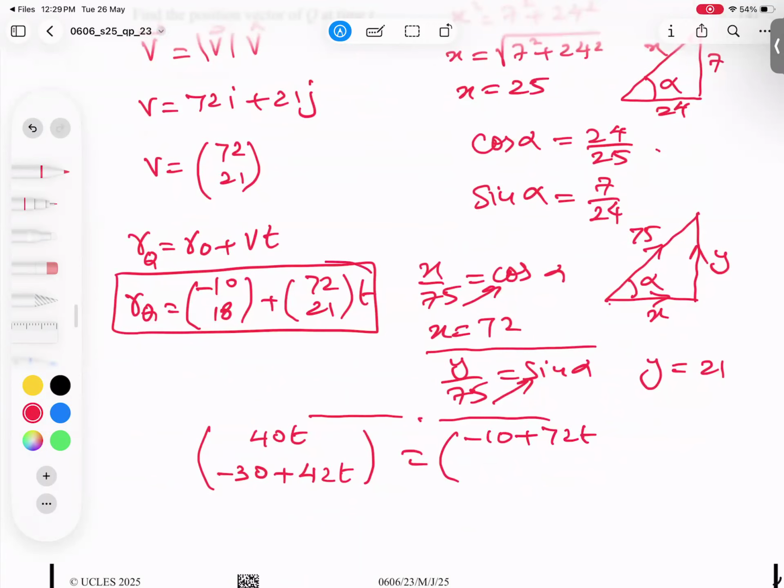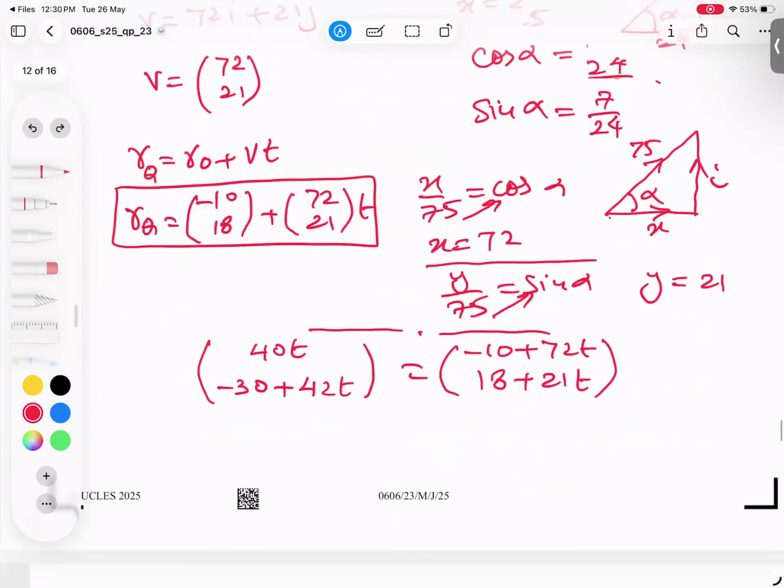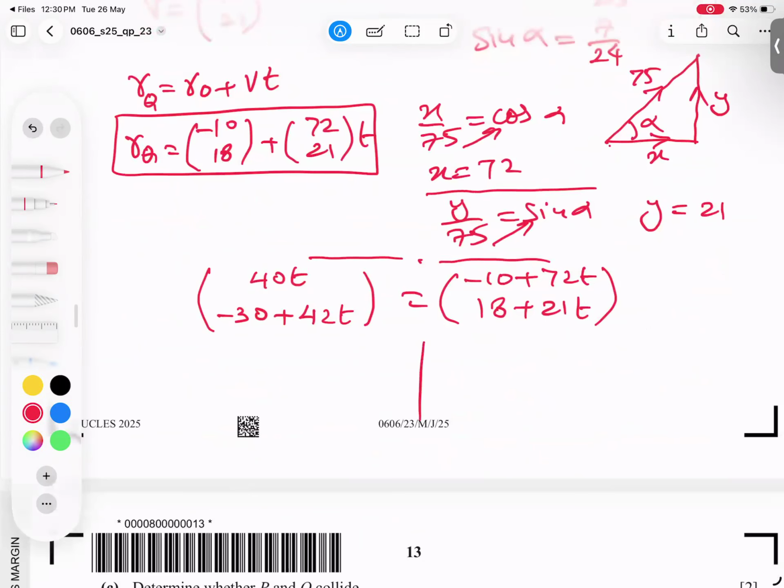How come these are the I components? And now how about the J component? 18 plus 21t. I think the point is very clear. And I got two equations, students. I will do it now here, I component and J component. I think I should bring it down, there's maybe not enough space.